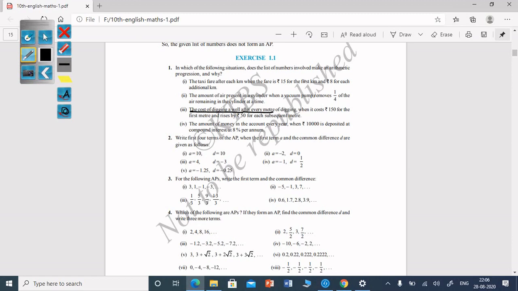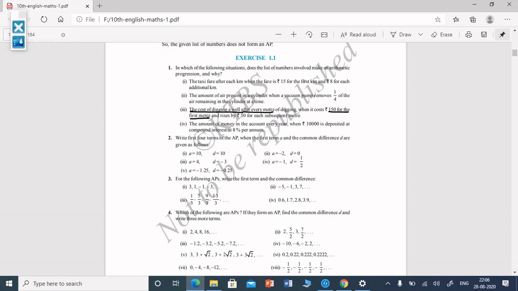Here it is given that rupees 150 for the first meter and raises by rupees 50 for each subsequent meter. For each meter it increases by 50. Now let us write the list of numbers for this situation.